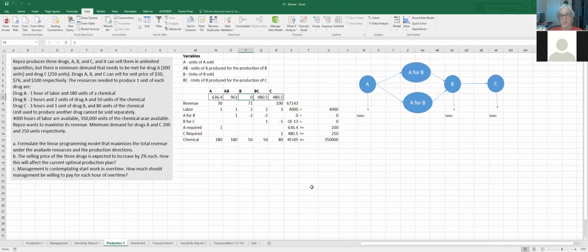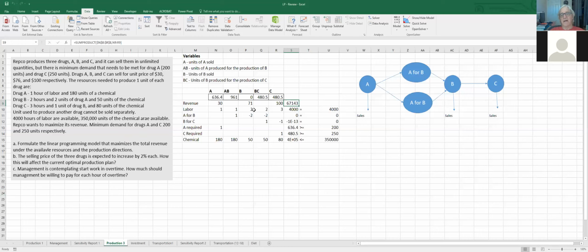I use it in order to produce C, because you see this one here? This is half of this amount, because you need 2 units of A to produce B. So this is how many units of B I am shifting into a C drug. And it's going on the ratio of 1 to 1. So we have the same number of units here. And this is the revenue they are going to make. That's the solution.